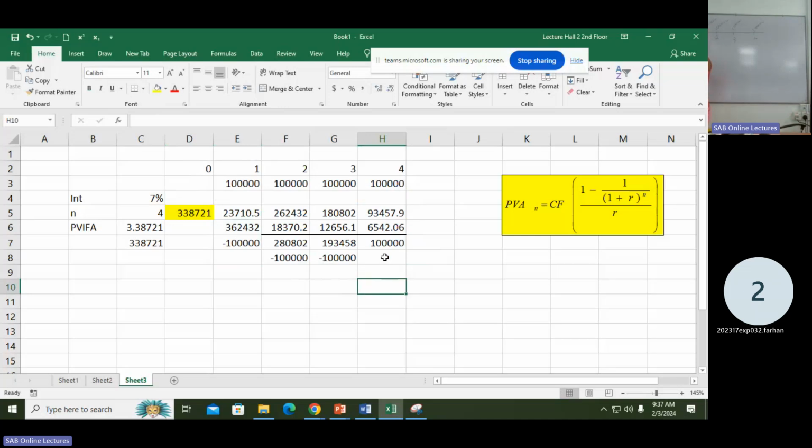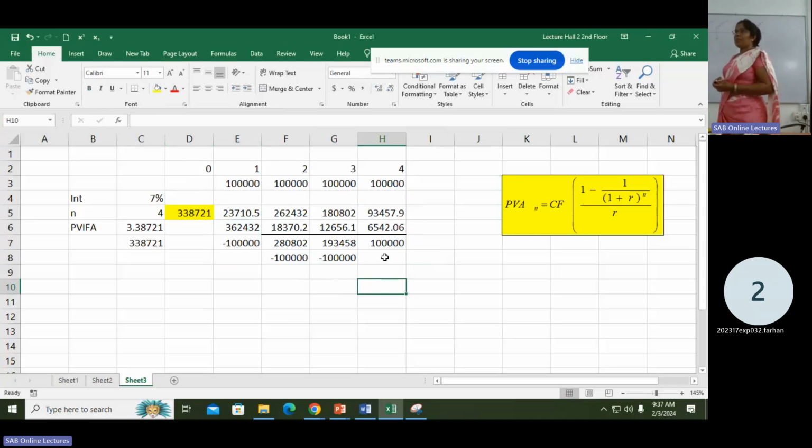So your uncle today deposits some money in order to achieve this objective in an account which pays 7% interest annually. How much is the deposit here? The value of the deposit should be equal to the present value of these cash flows, the present value of these annuities. So you should deposit the present value of these annual withdrawals.